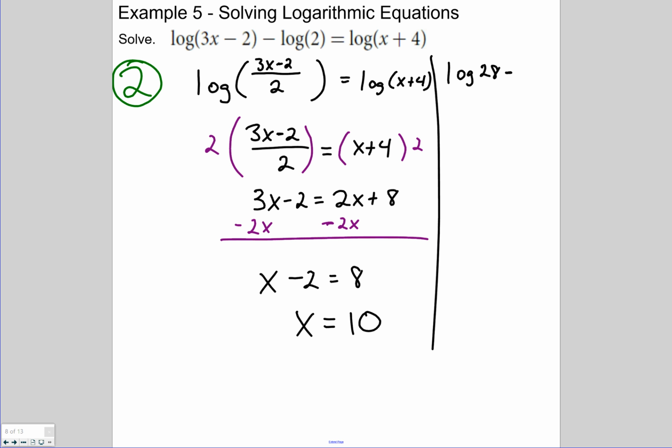Is there any x in that one? No. So I need to get what that is. And then what's on the other side? Okay. So who's going to do log of 28 minus log of 2? Who's got that? Oh, Susanna's got it. Hold on to your number. Who's going to give us the log of 14?